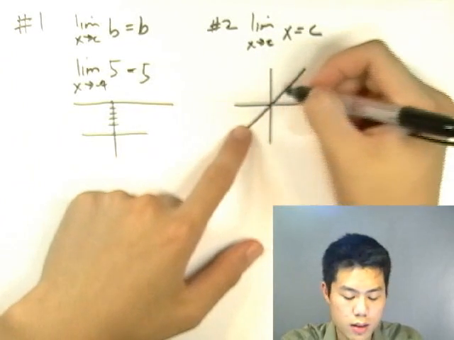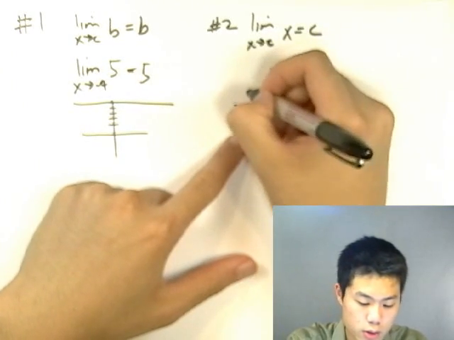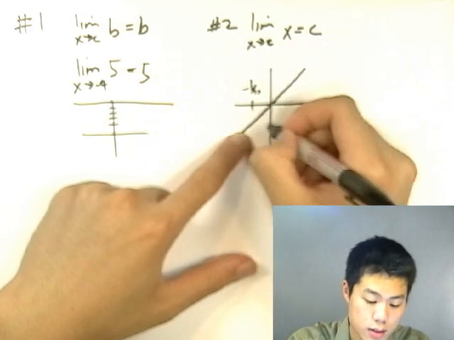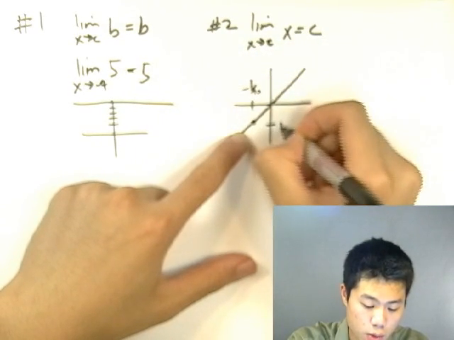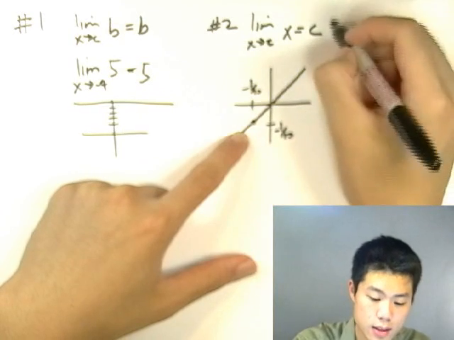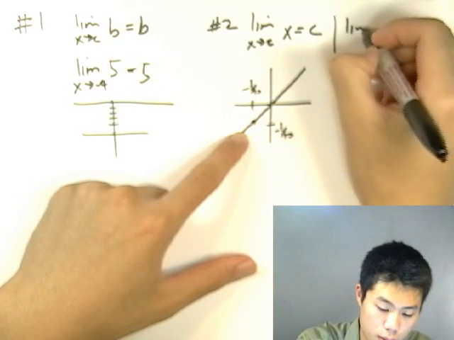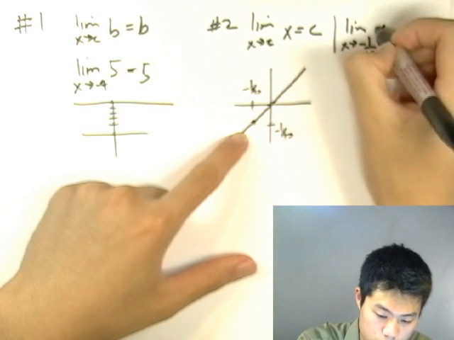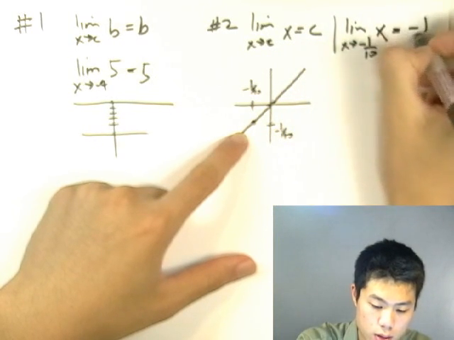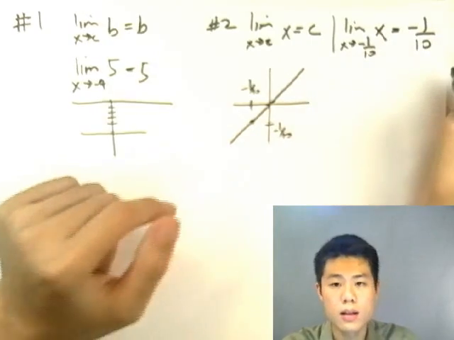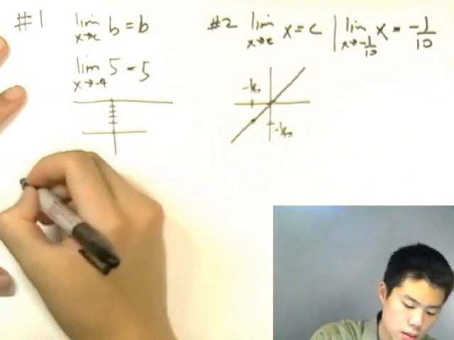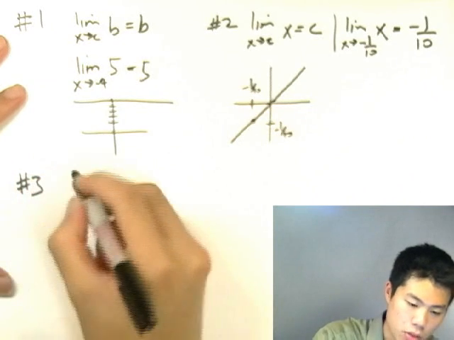If we choose -1 over 10 on the y-axis, then the limit as x approaches -1 over 10 is equal to -1 over 10. Pretty straightforward.